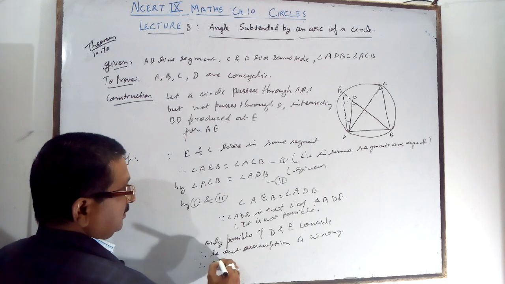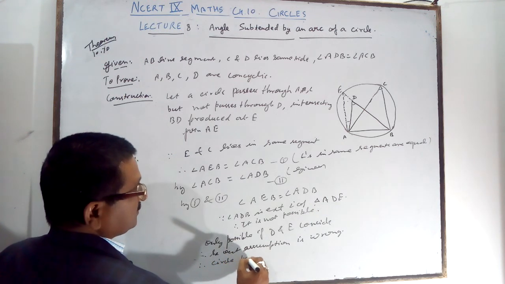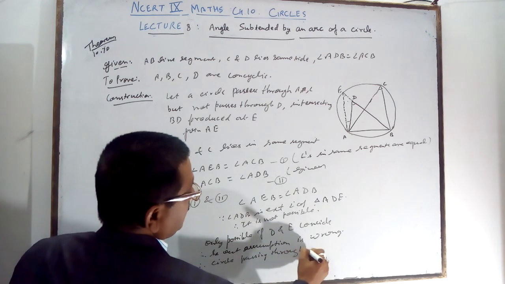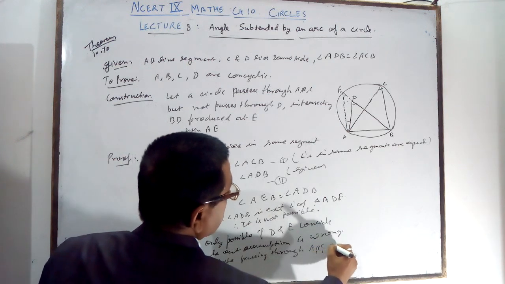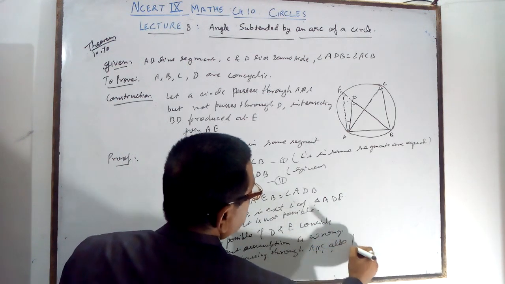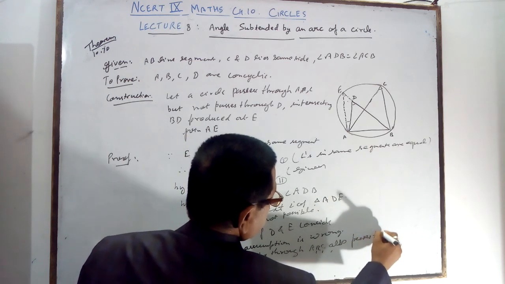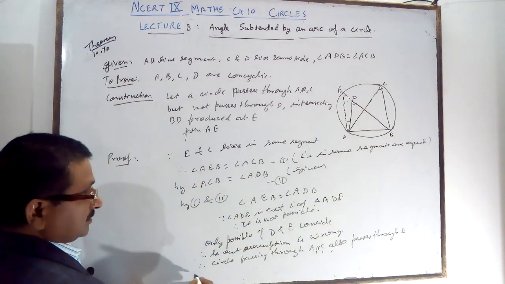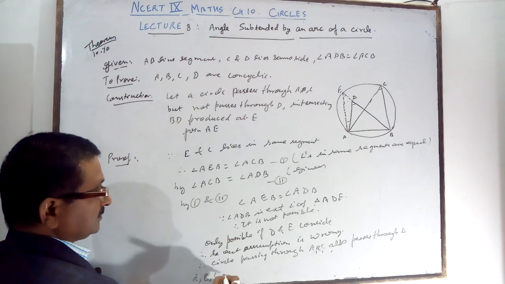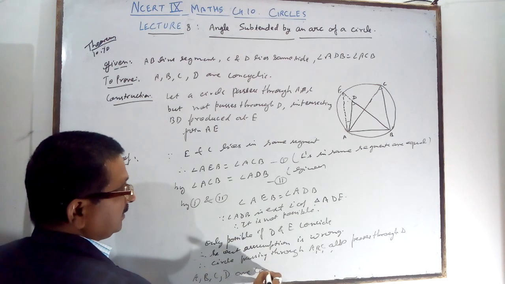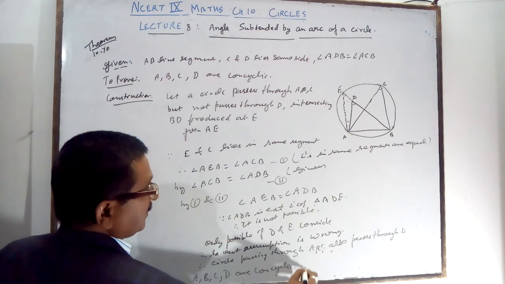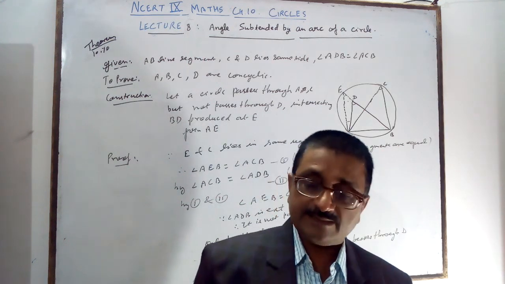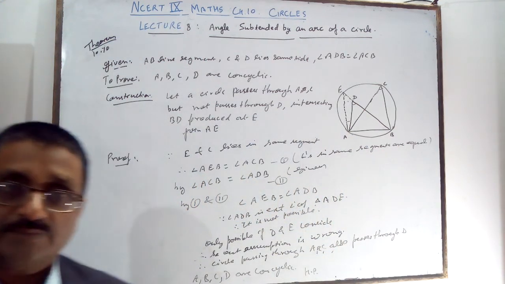So the circle passing through ABC also passes through D. So A, B, C, D are concyclic. Concyclic means hence proved. Concyclic means points lie on the same circle. That's all. Next we'll see.